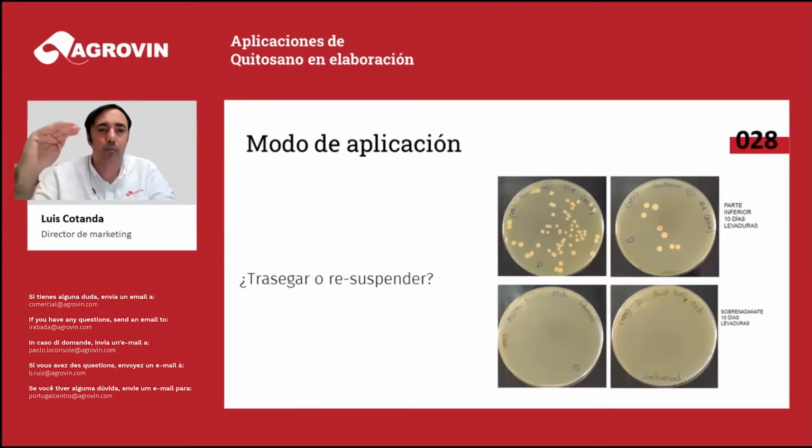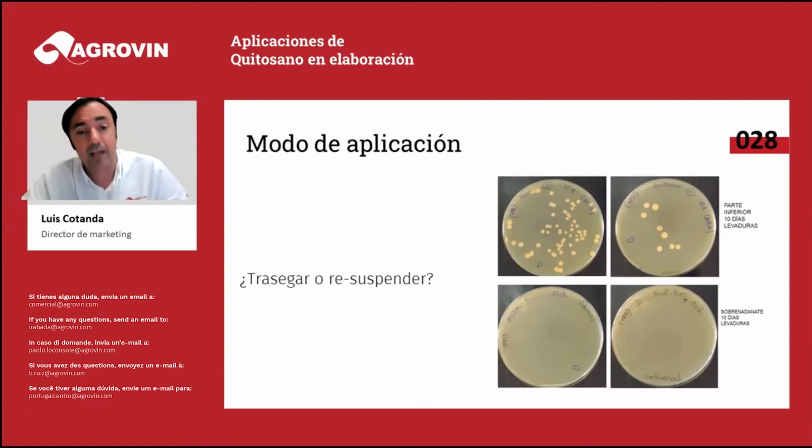And after 15 days, we racked the supernatant, and after some days in contact, we decided to culture in an isolated way the upper part, the clean part, free of chitosan, and then on the other hand, the part that was having the lees, the chitosan lees.